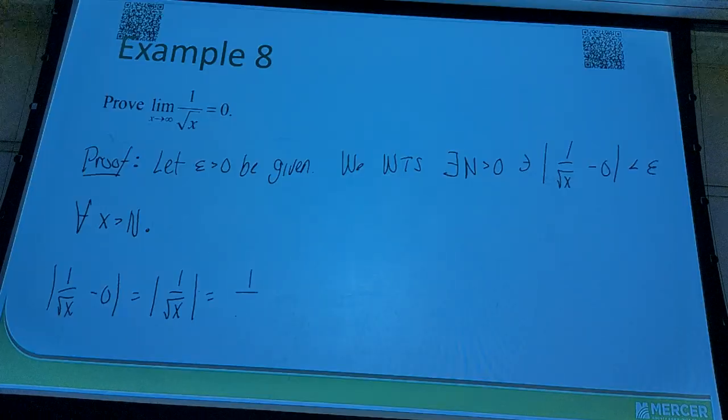Get rid of the absolute values. One over root x, that's going to be less than 1 over root n. We want that to be less than or equal to epsilon.